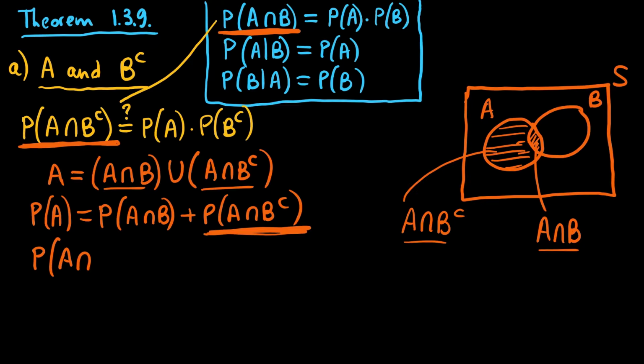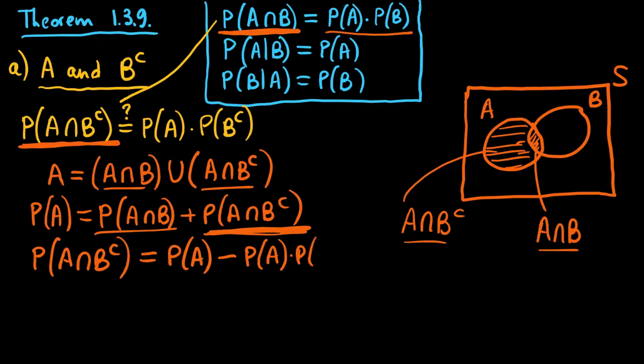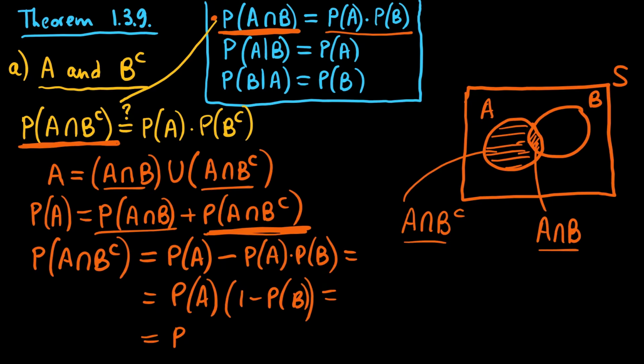Probability of A intersection with the complement of B is equal to the probability of A minus the probability of A intersection B. But because A and B are independent, we can replace this first expression, and here we can factor out the probability of A, and what we have inside is 1 minus the probability of B. And we have shown that 1 minus the probability of B is just the probability of the complement of B.